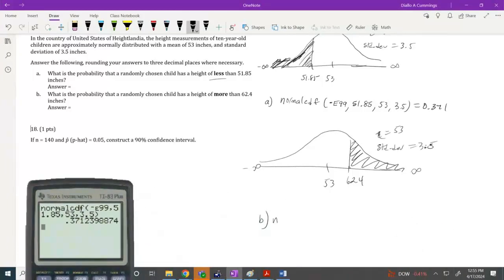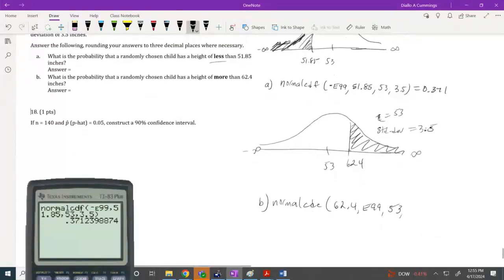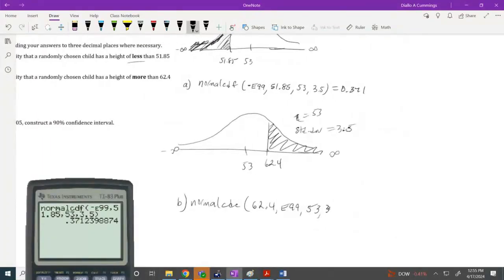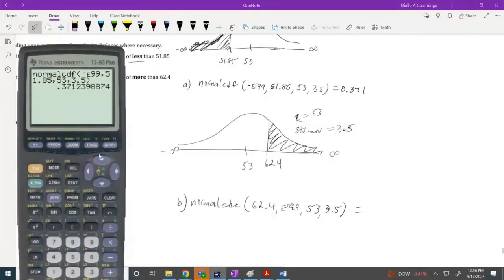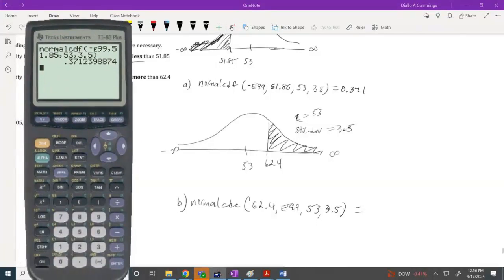So we're going to use that normal CDF. We put in the lower limit, which is 62.4. We put in the upper limit, which is infinity, which we express as e to the 99. The mean is 53, and the standard deviation is 3.5.